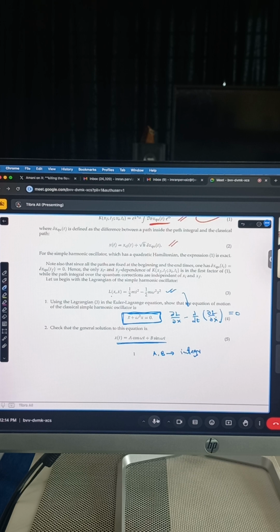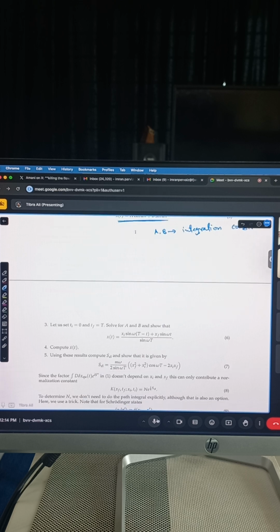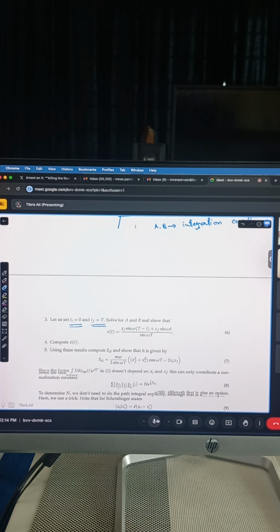After that, just for simplicity, set the initial time to 0 and the final time to big T. Plug in the boundary values of t and you can solve for A and B. If you eliminate A and B, you get the classical path.